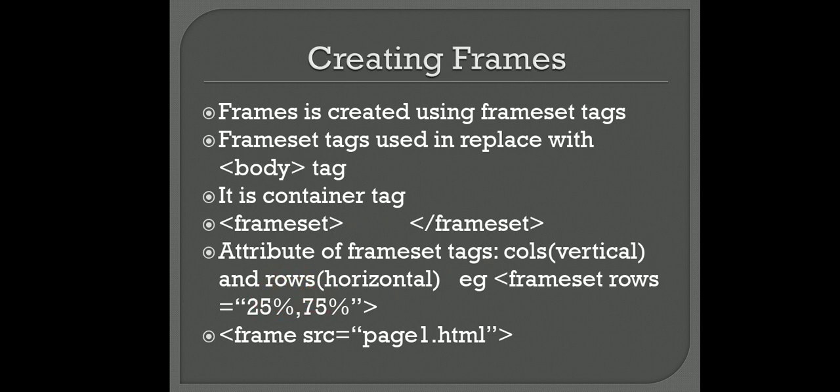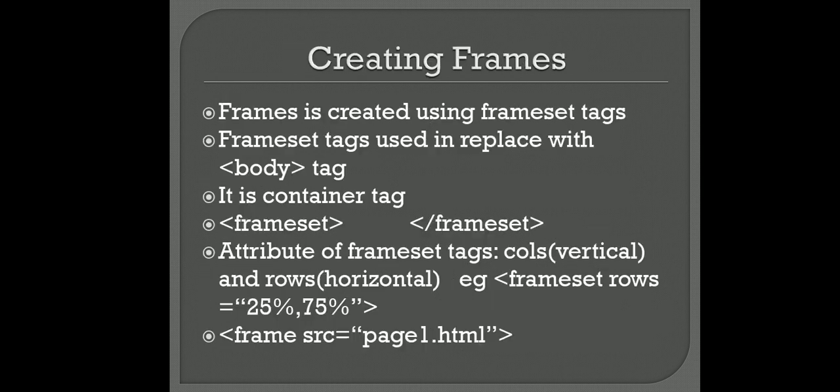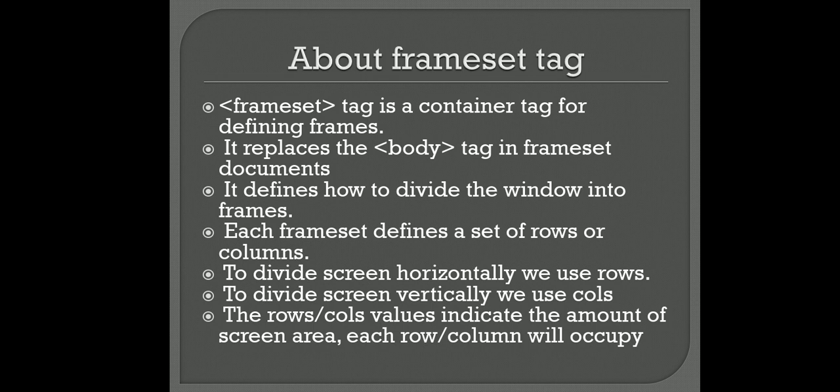Okay, next, what else should you know about frameset? We have already seen it in the previous slide. The next point to learn is that the screen is divided horizontally with rows. Basically, since we have rows and columns, sometimes we forget which is which.